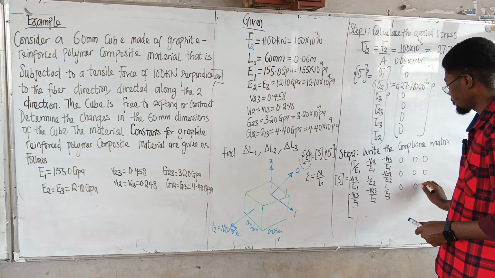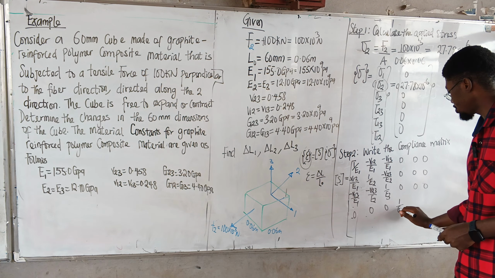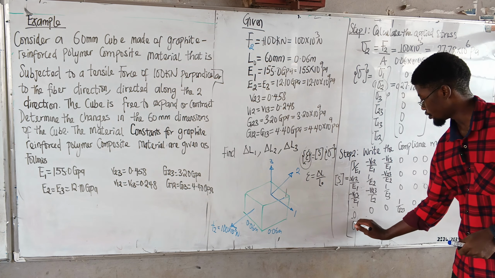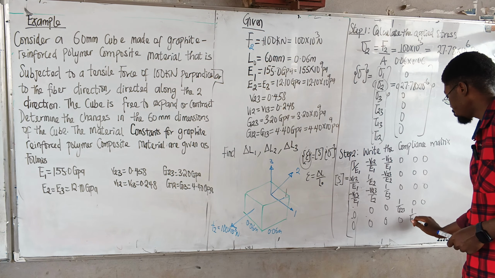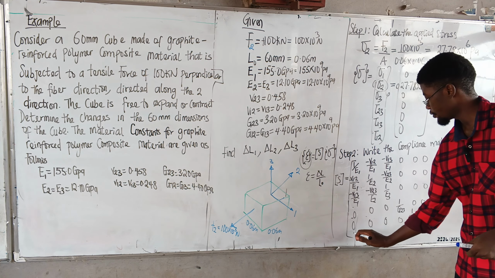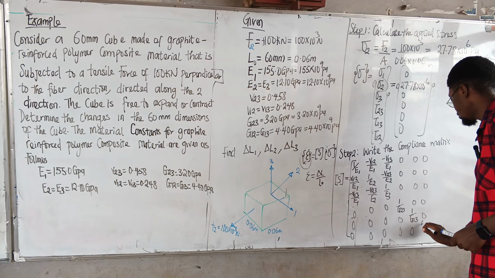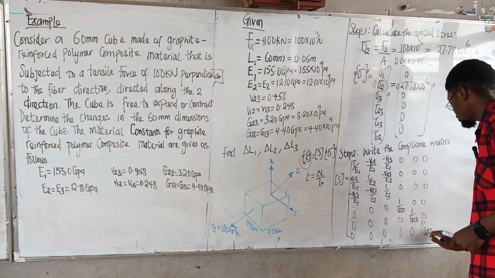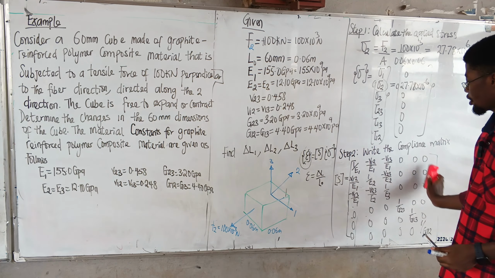Then 0, 0, 0, 1 over G23. 0, 0, 0, 0, 0, 0, 1 over G13. 0, 0, 0, 0, 0, 0, 1 over G12. Okay, so this is what our compliance matrix is with the formula.